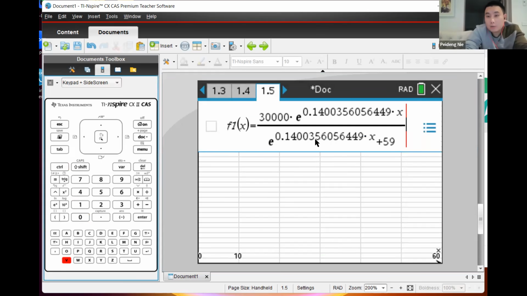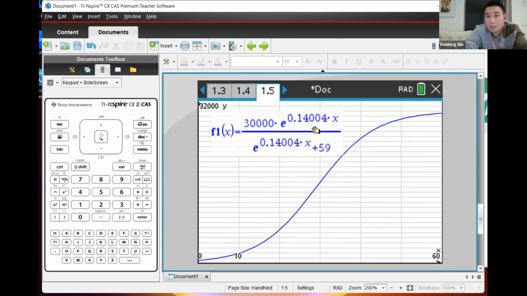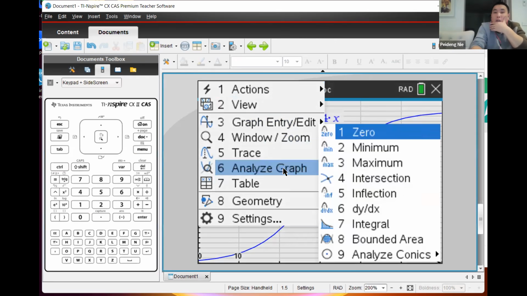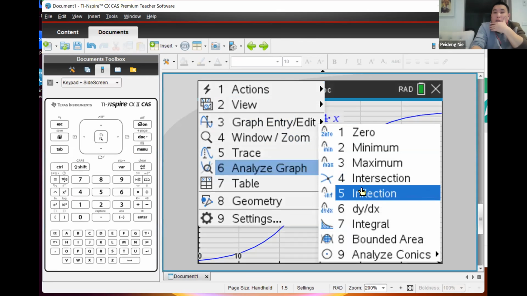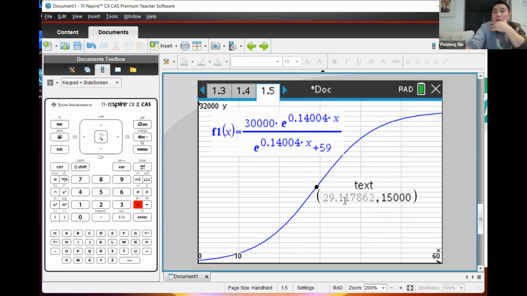I just press Control V. Remember, we copied that before. Okay, nice. So we have this nice logistic curve. So finally, I'm looking for the point of inflection here. Analyze graph, inflection, click left, drag it to the right. 29.118. If I want more decimal places, I could just hover my cursor until I see an open hand, an open palm.